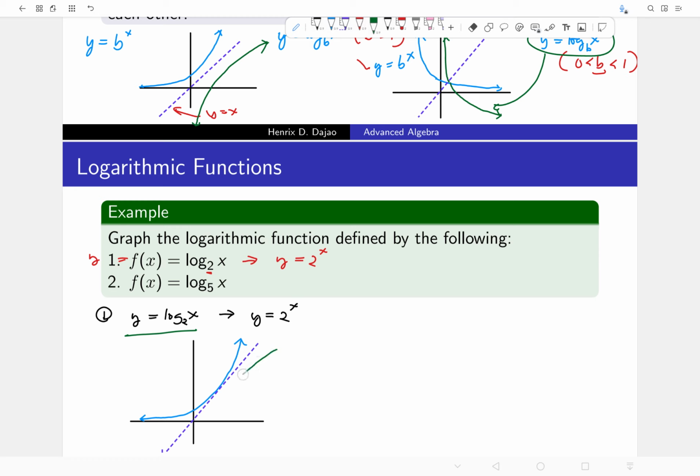So which means it looks like this. And remember, for the logarithmic, the y-axis is our vertical asymptote. Okay? So this is now the rough sketch of our graph. So we're done.